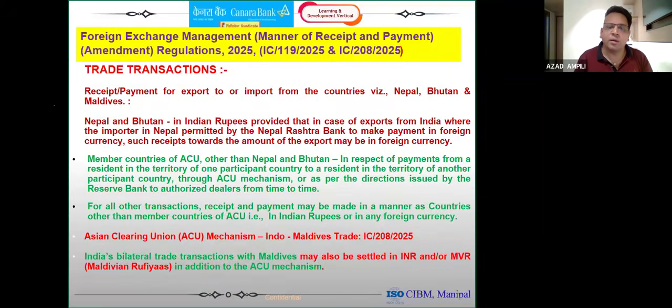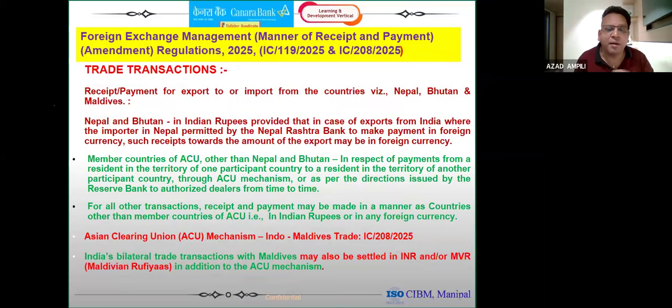Yes, one more chapter came. That's like 119 and 208. It is saying, Nepal and Bhutan, in Indian rupees, see how the trade transaction should happen, what currency. See, in Nepal and Bhutan, Indian rupee is a legal tender. Not only Nepal and Bhutan, now Maldives also joined.